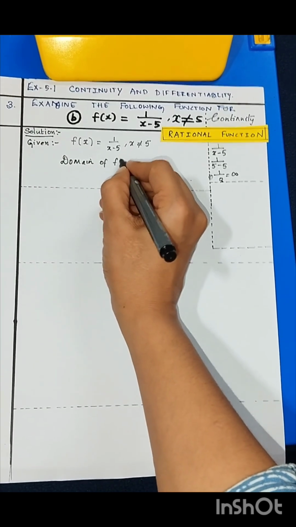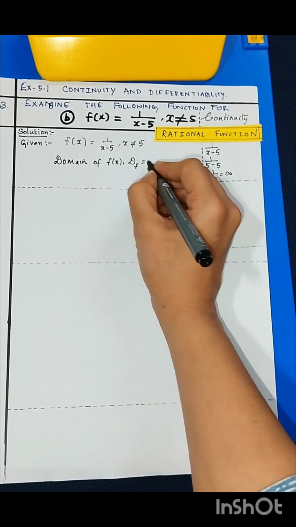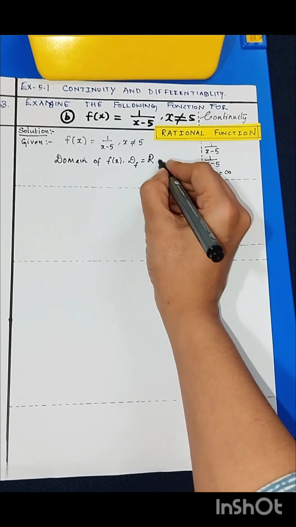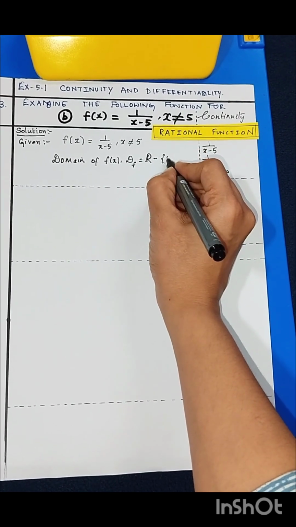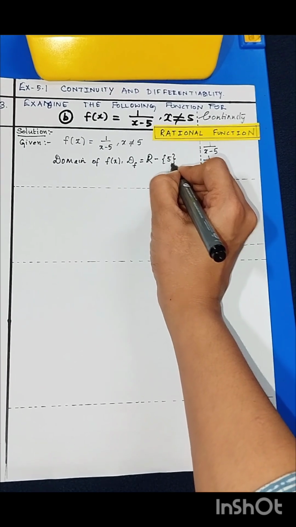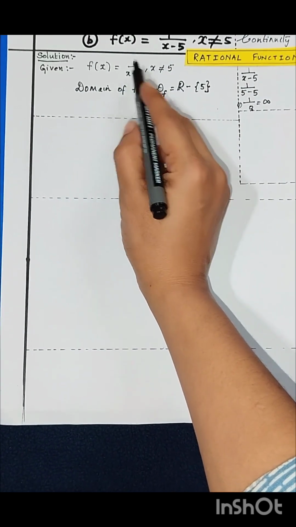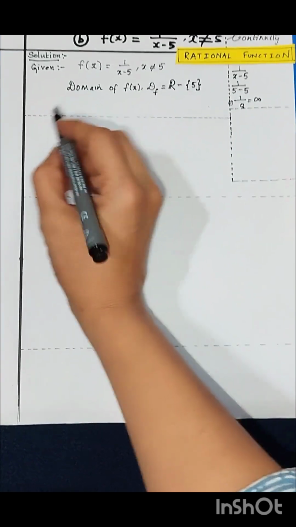Domain of f of x, D f, is equal to the set of all real numbers except 5. You can give any number except 5. Now we know the domain of this function, that is, the allowable inputs.